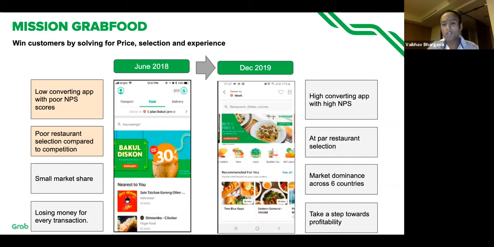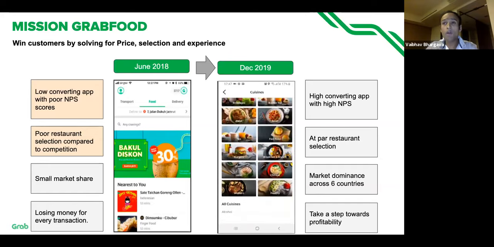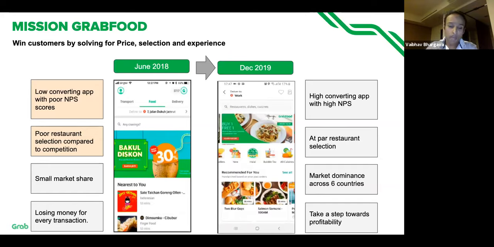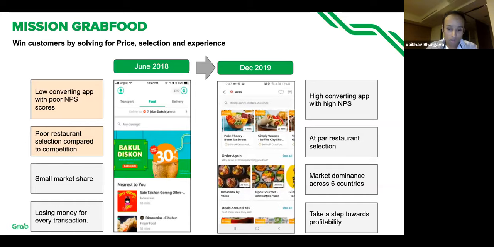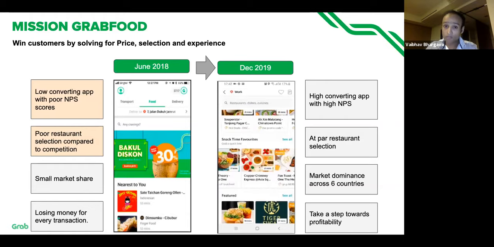So how do you go about doing that? I'm not going to talk about the steps that Grab took and how we increased our market share. No, I want to tell you about some specific challenges that we had to solve on two aspects: customer experience and selection, which are unique to this market.